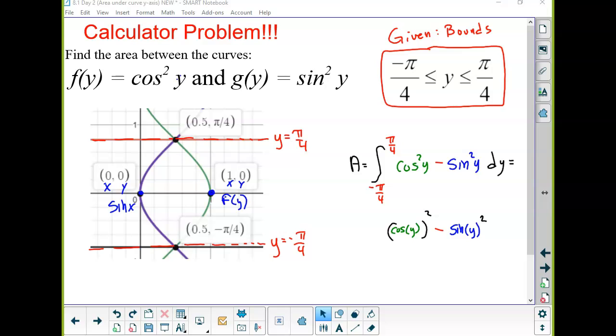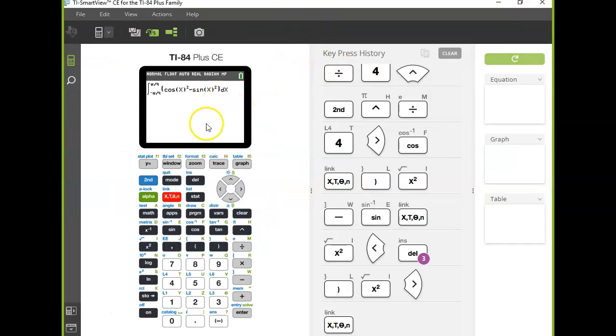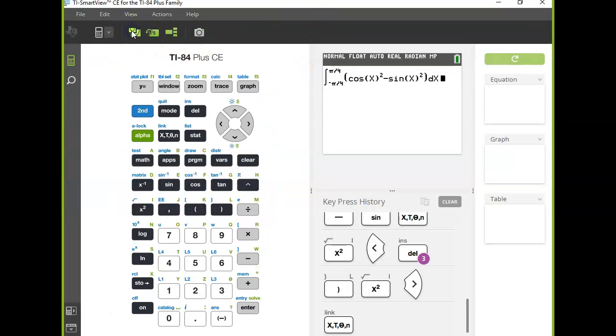Sure. What'd you get? You got 1? That's a good thing. All right, let me show you what I did. So my calculator is nice enough where I don't have to put cosine in parentheses. I can just put the x. I think the TI-83s you have to put the cosine, but I'm not positive on that. So that's what it looks like.